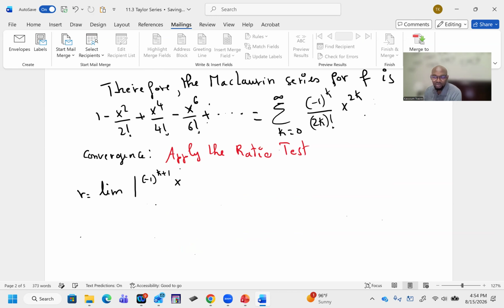Times x to the power of 2 times k plus 1, divided by 2 times k plus 1 factorial, divided by the absolute value of negative 1 to the power of k times x to the power of 2k, divided by 2k factorial, right?